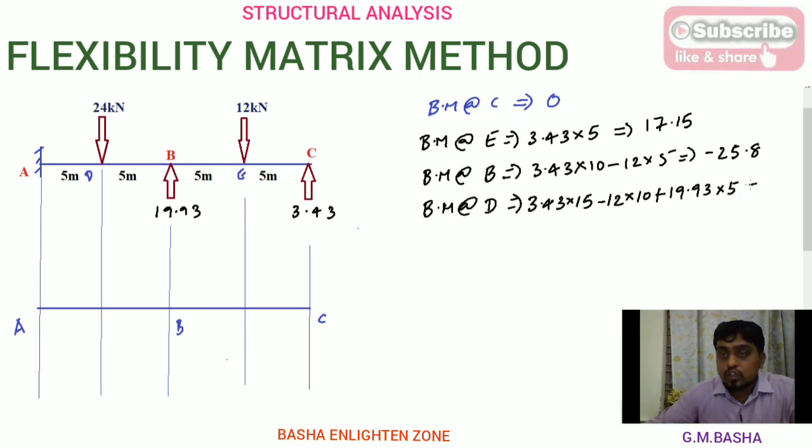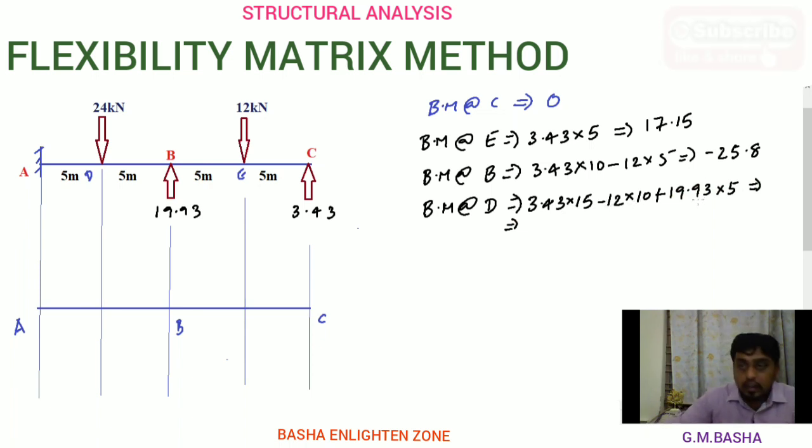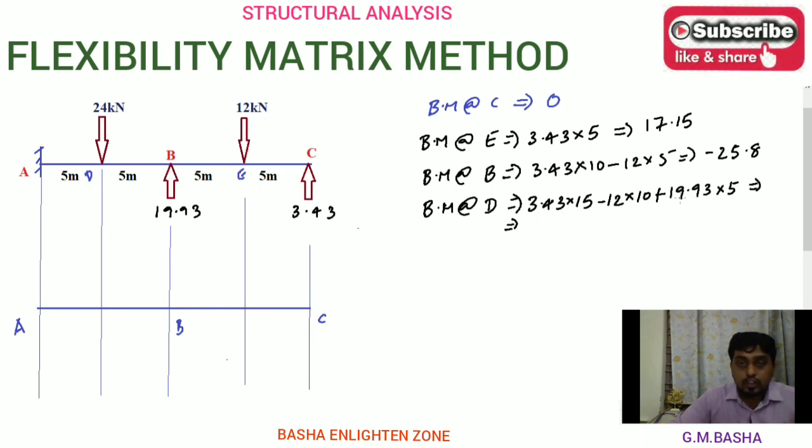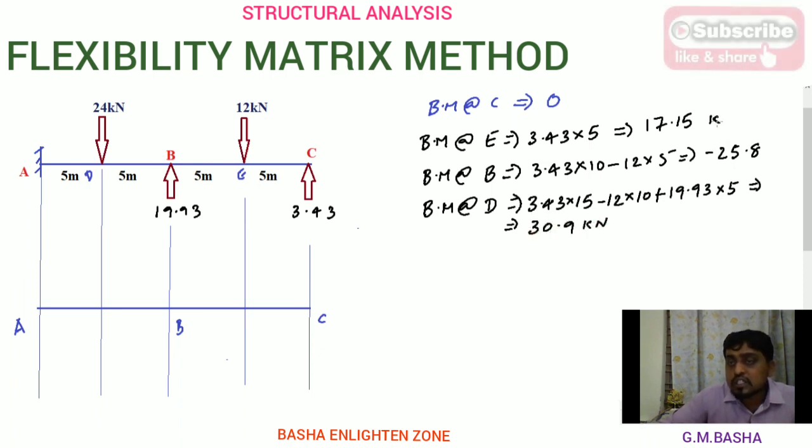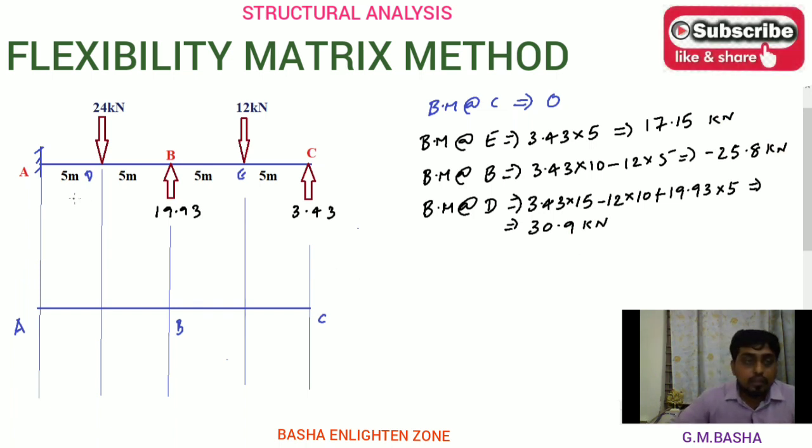So if you simplify, 3.43 into 15, minus 12 into 10, plus 19.93 into 5. Totally you will get after simplifying 30.9 kilonewton. All the forces are in kilonewton only, no need to mention that, directly simplify. So 31 or 30.9 kilonewton, and then the bending moment at point A.